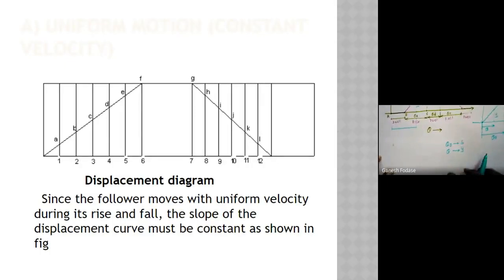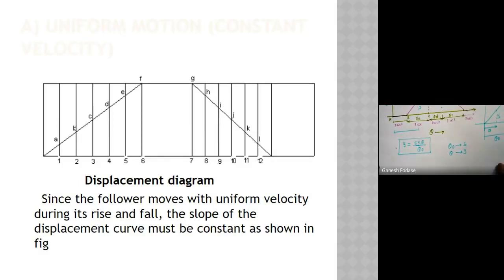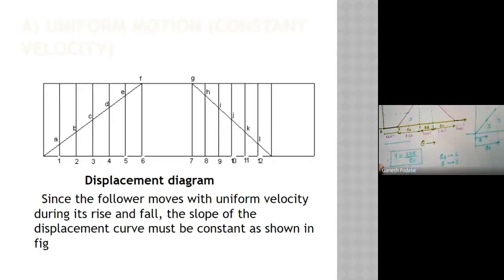So I can write from this, y is equal to s into theta upon theta O. So this is your displacement equation when the follower is moving with uniform velocity. So the equation of displacement is y is equal to s into theta upon theta O.